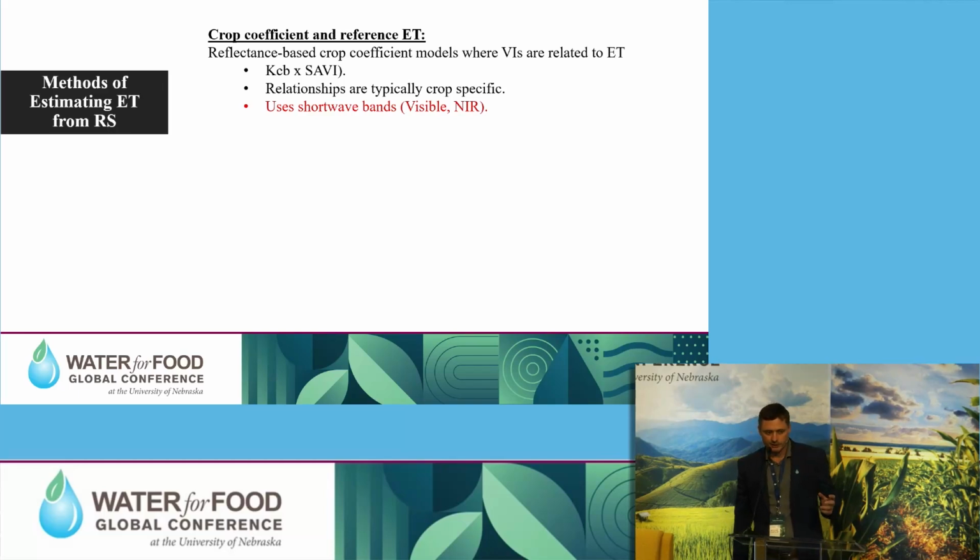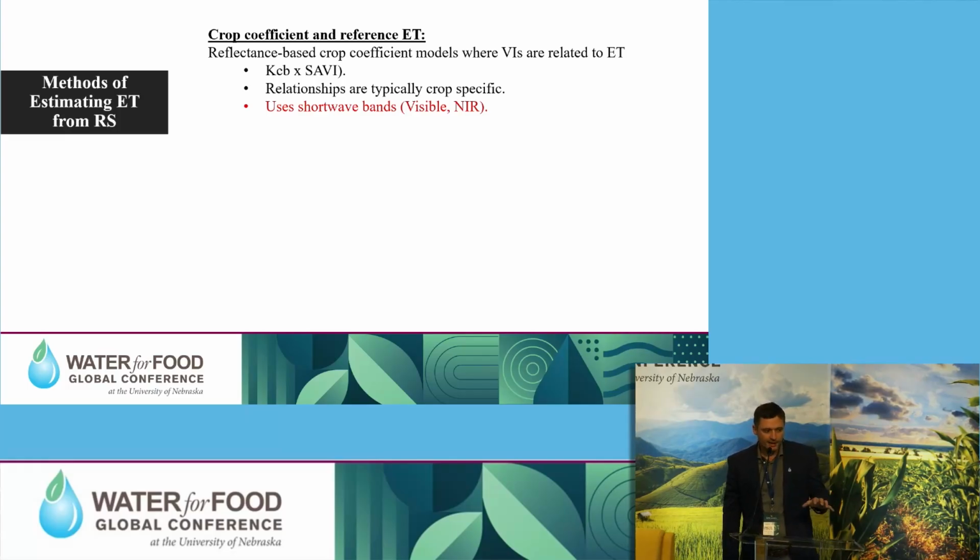These relationships are typically crop specific, which means we need a Kcb-SAVI relationship for each crop, for soybeans, for corn, for wheat, and so on. And this approach uses multispectral images only. In other words, we use only shortwave bands from satellite or drone.